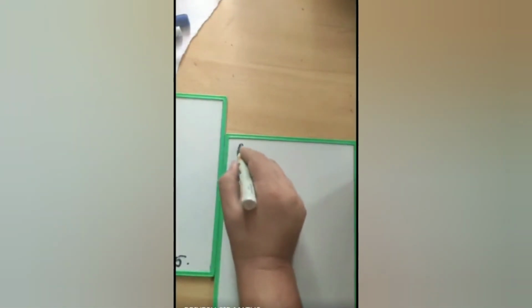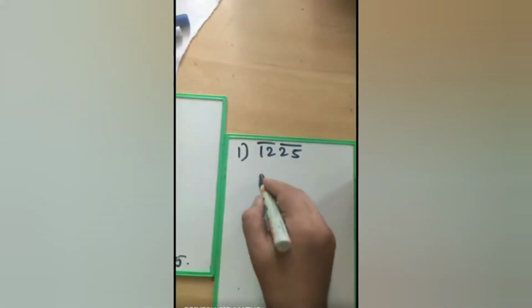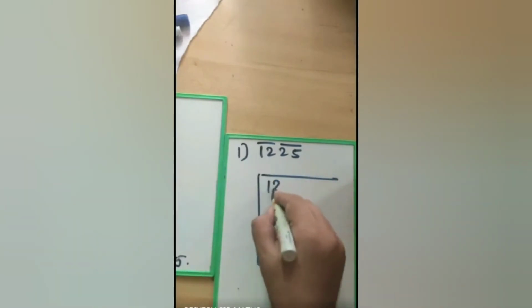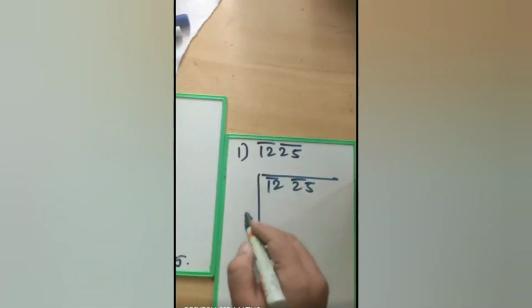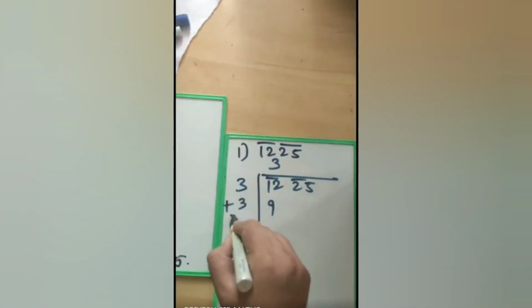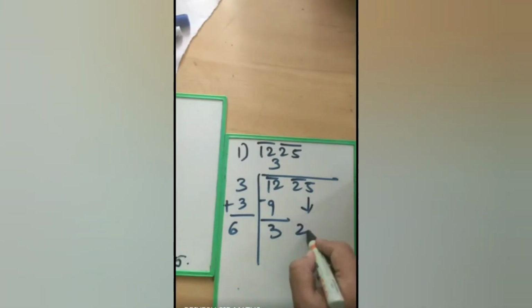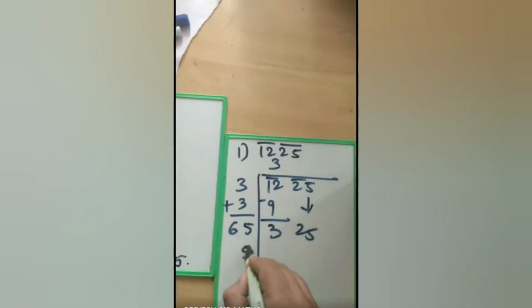First was 1225. So how to solve the first one? 1225. Make a pair. Form like this. Again a pair. 3 3s are 9. 3 plus 3 is equal to 6. Here you subtract, you get 3, 25. 65 5s are 325.